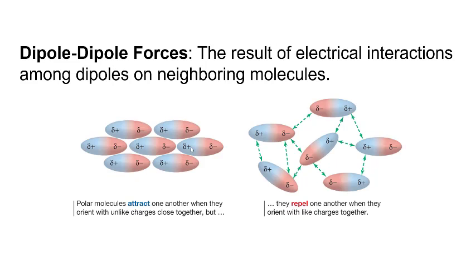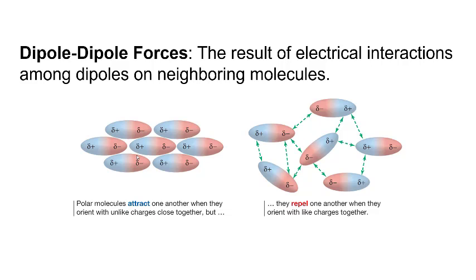The next interaction is called dipole-dipole interaction. This is the result of electrical interactions among dipoles on neighboring molecules. You can see here when we have our molecules, each with a dipole moment, a partial positive and partial negative, if each of these molecules are lined up in a highly ordered fashion, we can have an attractive interaction between partial positive and partial negative sides of our molecules.